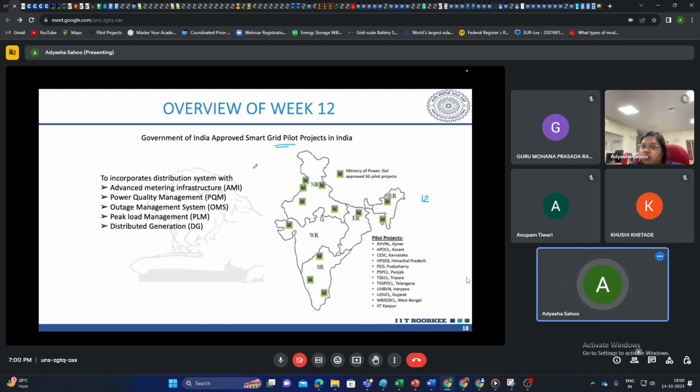What features? Such as advanced metering infrastructure, power quality management, outage management system, peak load management, and by adding distributed generation. So by adding these features in these pilot projects, our nation is progressing towards a smart grid system, we can say.